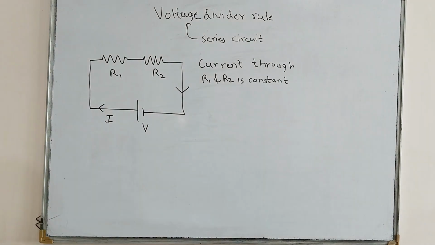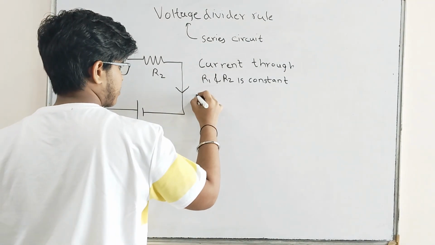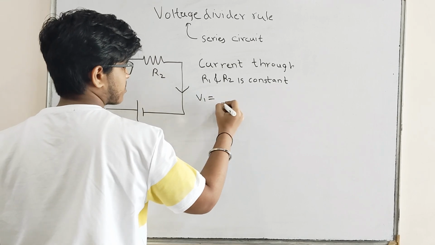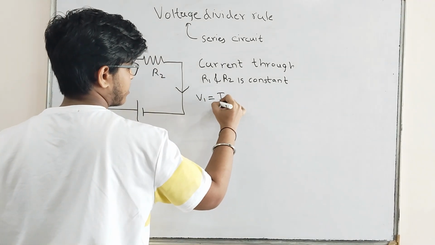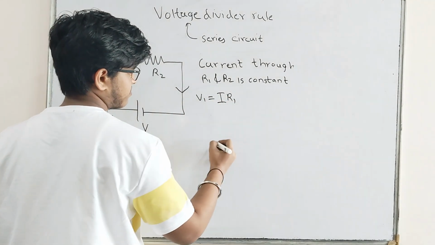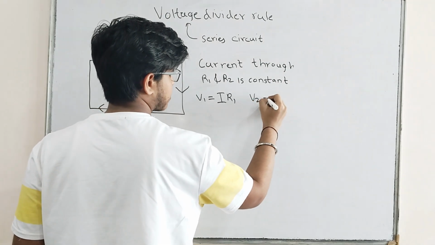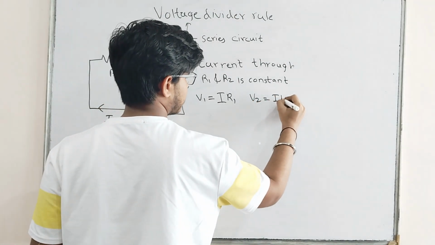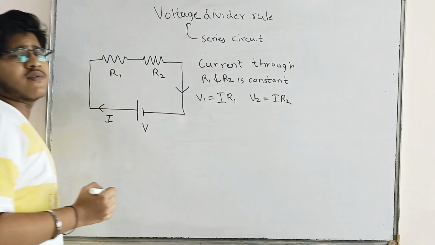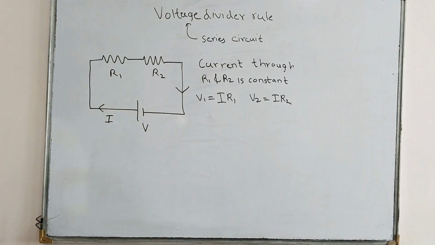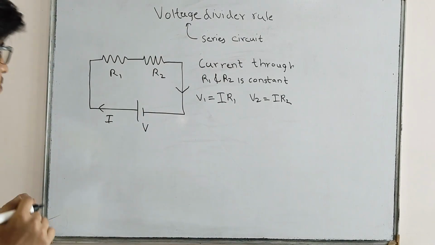Okay, so now by Ohm's law, let us write V1 is equal to I into R1 and V2 is equal to I into R2, where V1 and V2 are the voltages across R1 and R2 respectively.